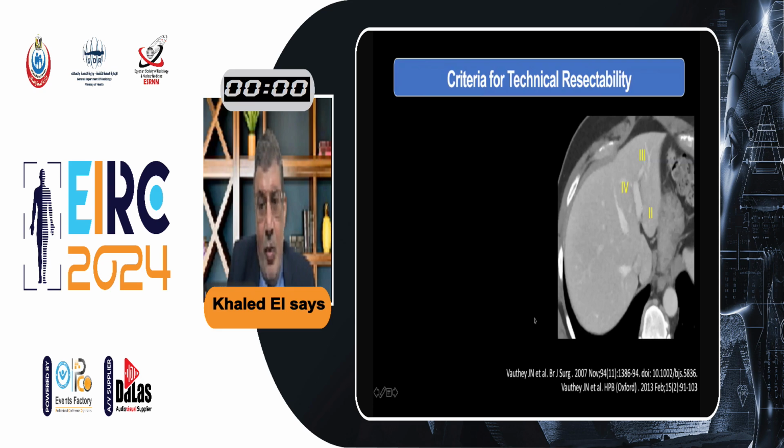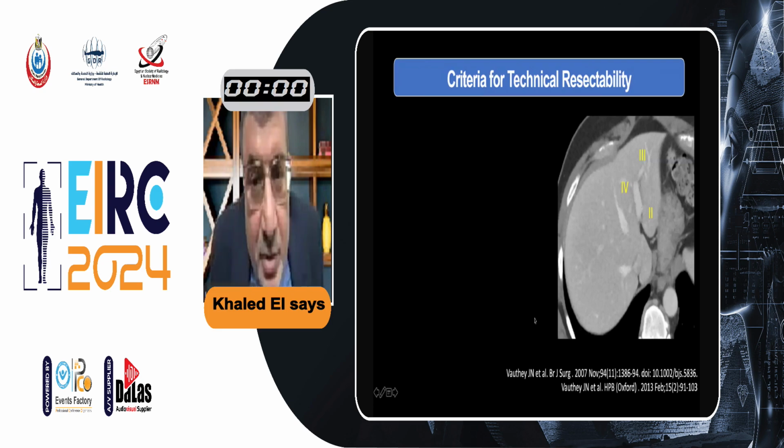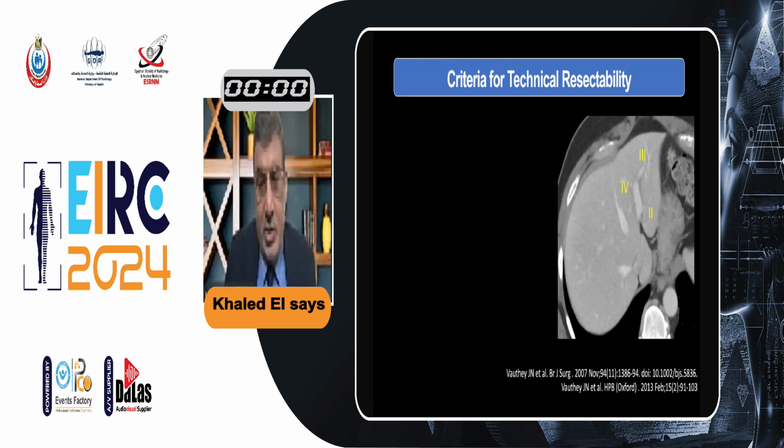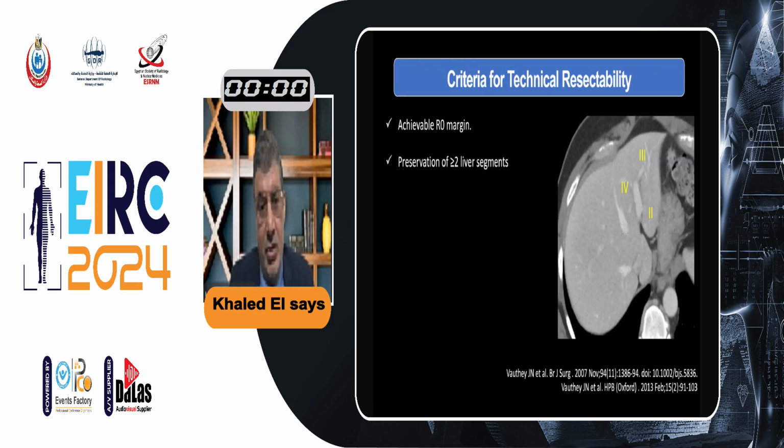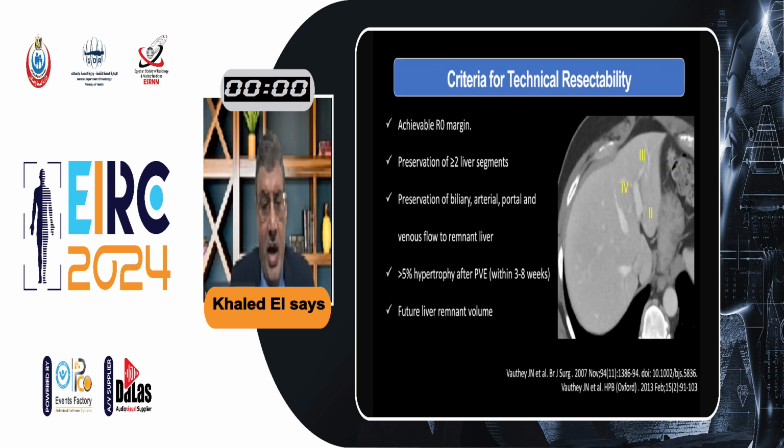What are the criteria of surgical resectability? Surgical resectability requires an achievable, clear resection margin, preservation of two liver segments, preservation of biliary, arterial, portal, and venous flow to the remnant liver, and 5% hypertrophy after portal venous embolization.